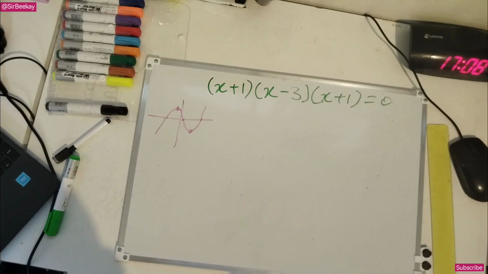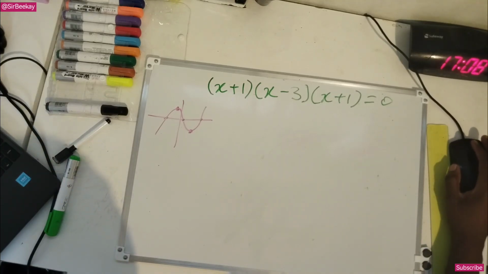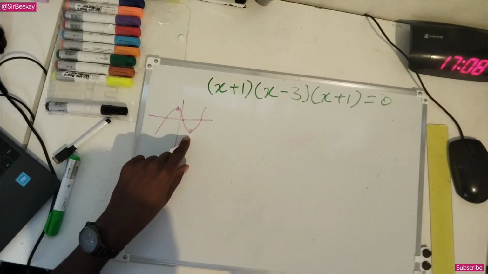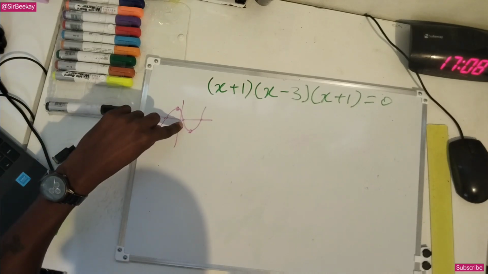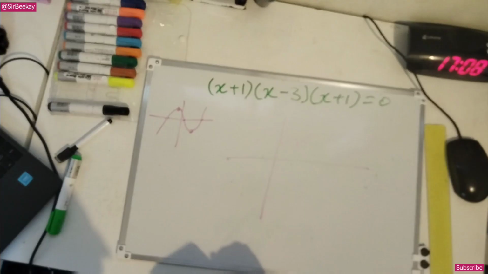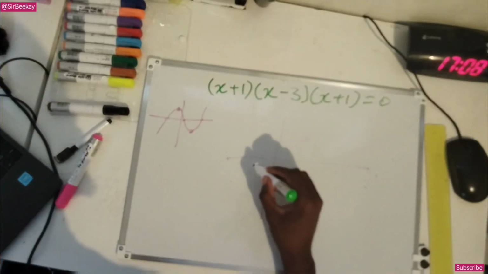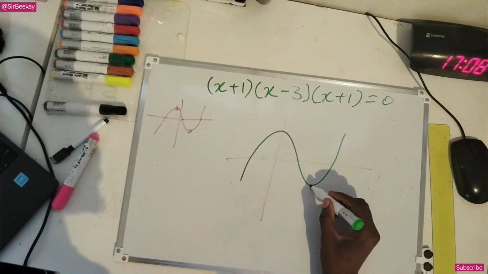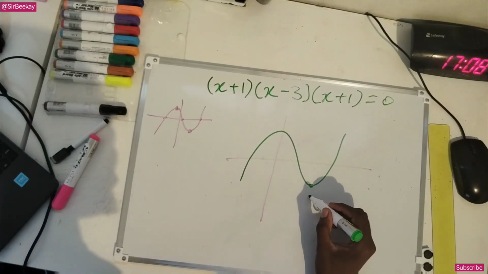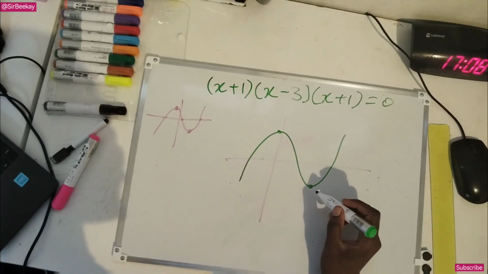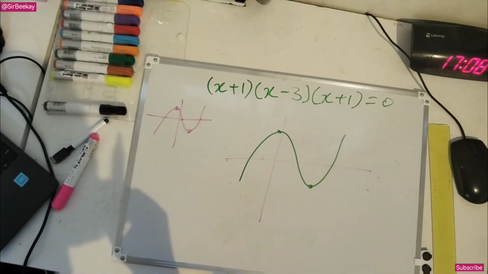Remember that at our minimum point of our graph, okay, let me draw a bigger illustration. We are going to refer to the rate of change for this, the derivative.